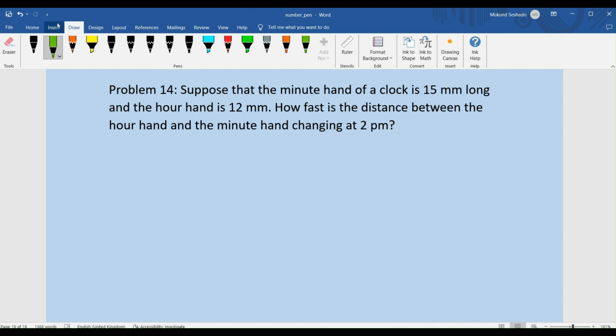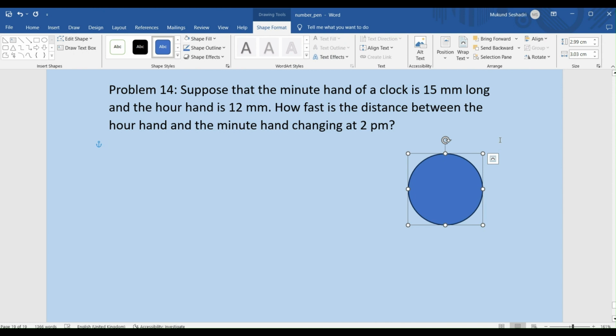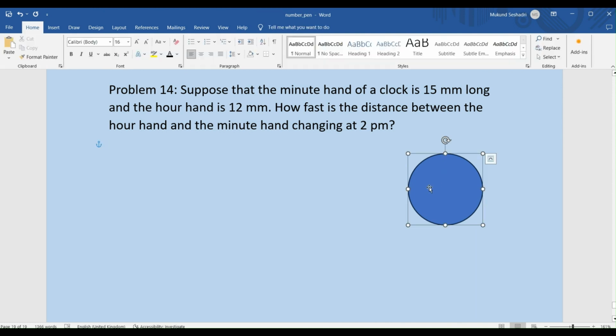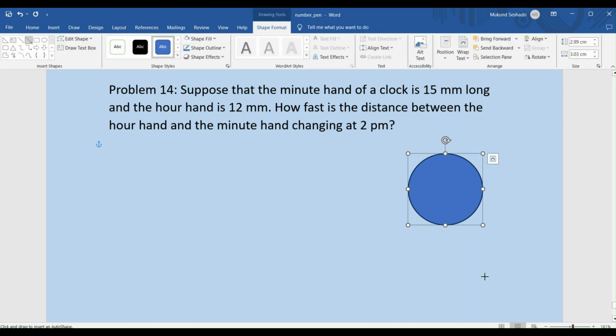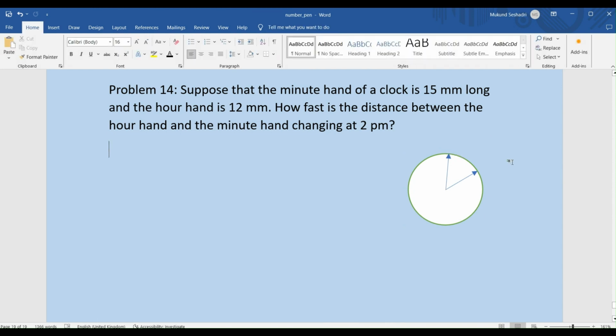So we have a clock. Let's take a few minutes to visualize what the problem is actually stating. So let me draw the clock, and this is a diagrammatic representation of the problem that we have at hand.